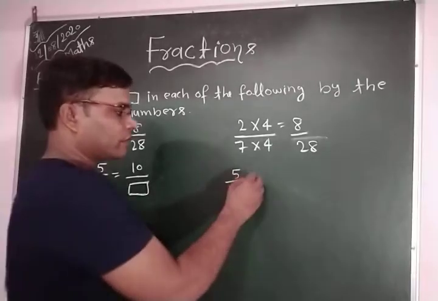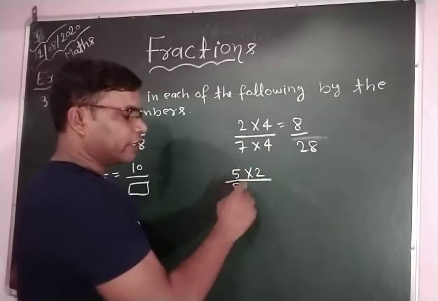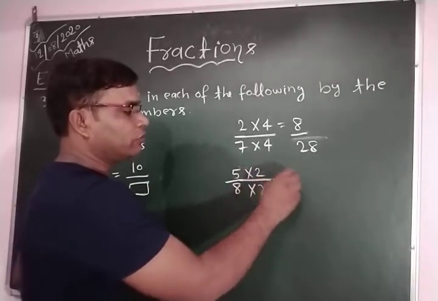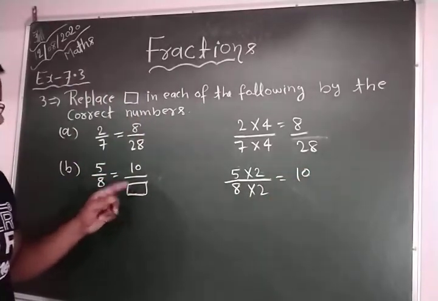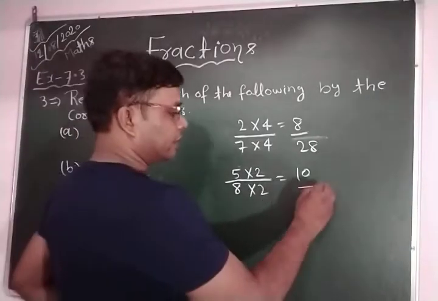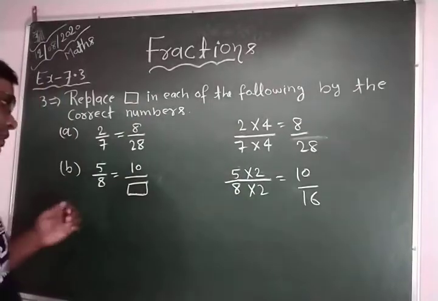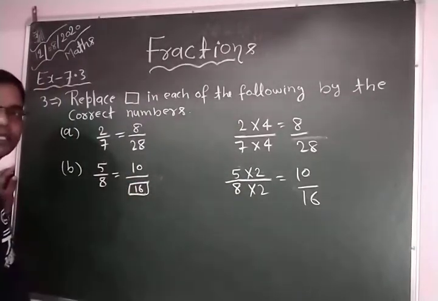So we multiply by 2 in the numerator and the denominator. 5 to 10, and 8 to 16. So in place of the bracket we can write 16.